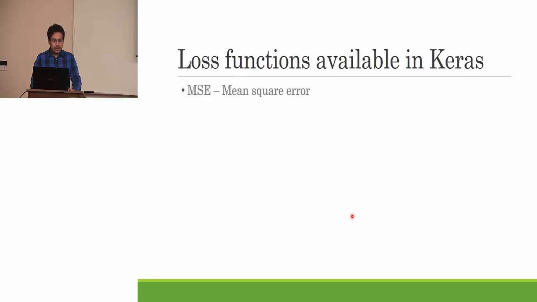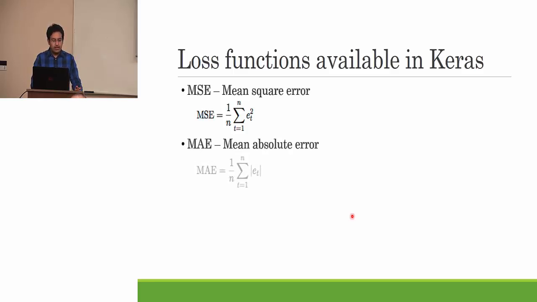There are several loss functions available in Keras. The popular one is mean squared error. You have a predicted value and you have the ground truth. You compute the difference between them, square the error, and take the average over the samples. That's MSE, and it's similar to mean absolute error, except here you don't square it, you just take the absolute value of the error.